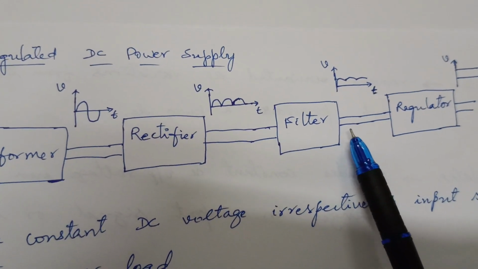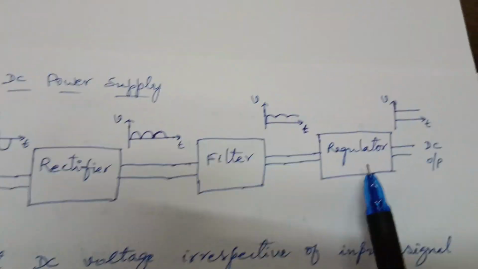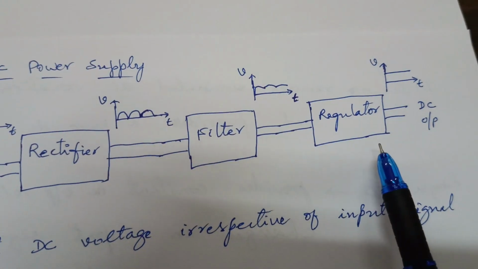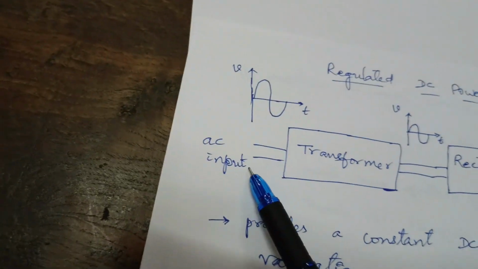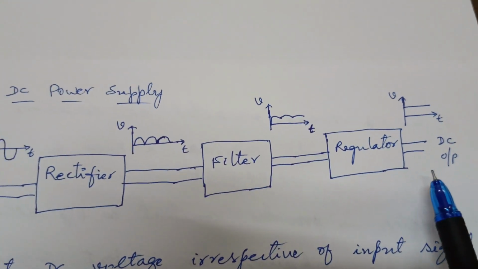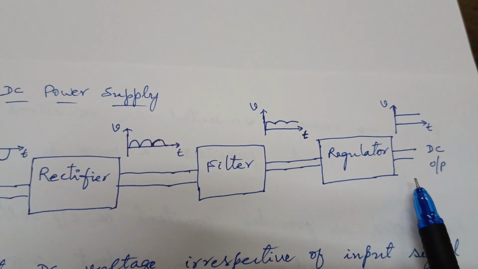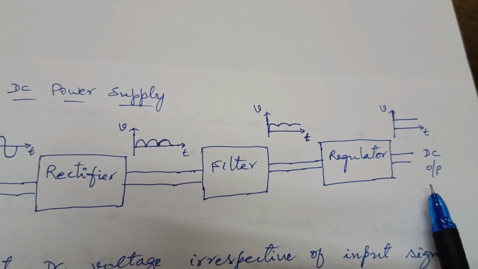And the output of the filter circuit is applied to the regulator. The purpose of the regulator is to maintain constant output voltage even if there are changes in the AC input signal, and also the load variations.